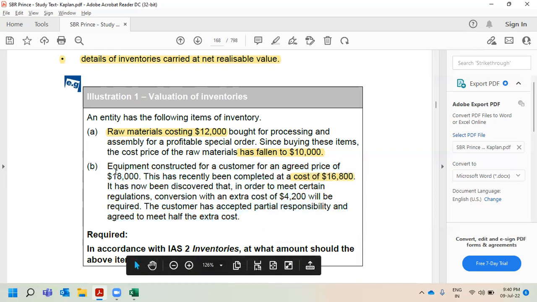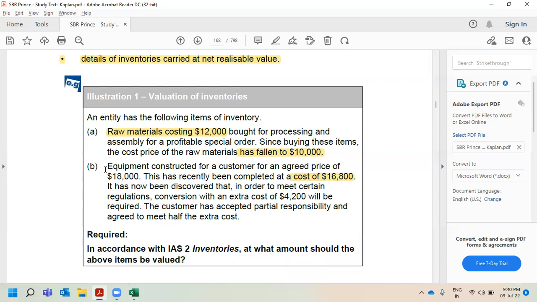Now again, the equipment constructed for a customer at an agreed price of 18,000. We received one order from our customer who wants some equipment constructed at the agreed price of 18,000.